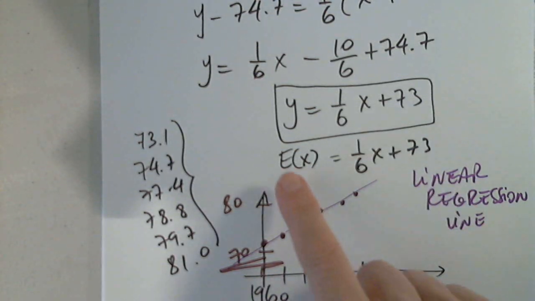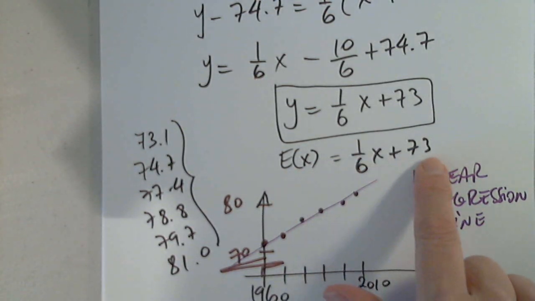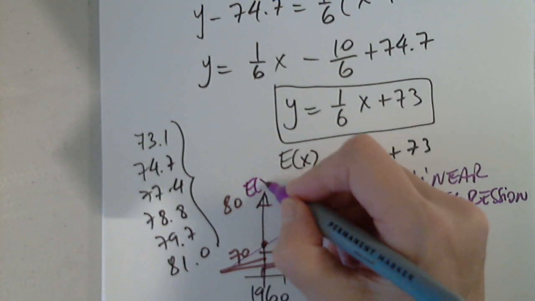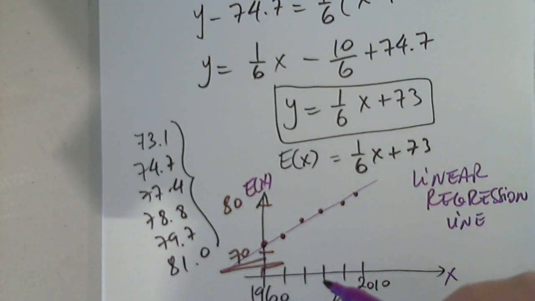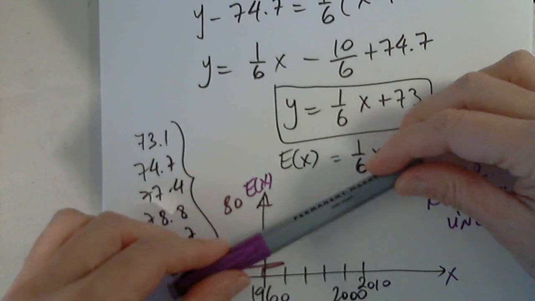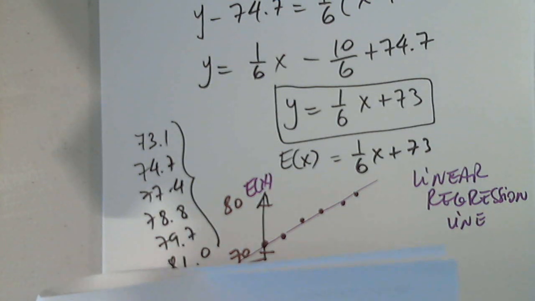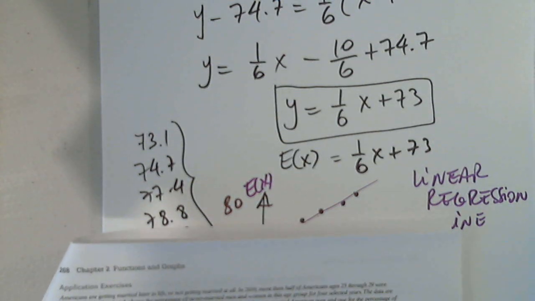I could say that this is this line, 1/6x plus 73. I don't know though, because I have not made any calculations for that. So this is what is called the scatter plot. And then this is the linear regression line, the line that best fits the data. And with that, we answered. We'll have one more question.